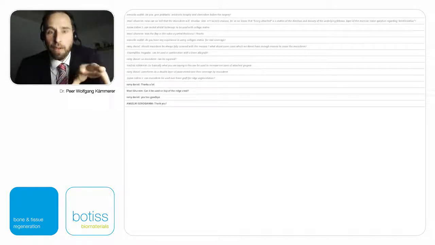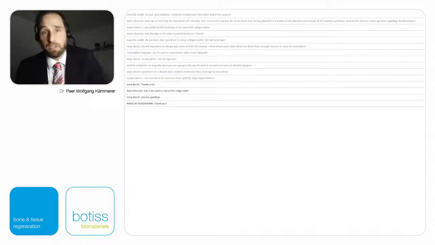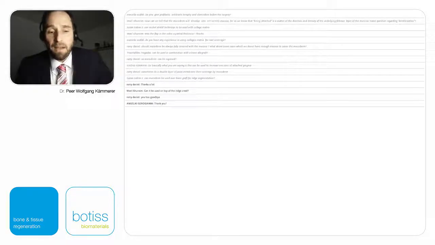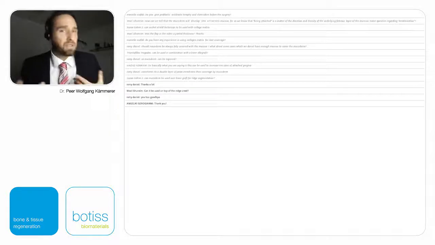If we have allografts, I think the main thing when doing augmentation is soft tissue coverage. And I would not dare at the moment to do the coverage with mucoderm, because it does not stay stable long enough to have the vascularization of the bone graft. So please, I would not try it. It's just, for me, too dangerous.